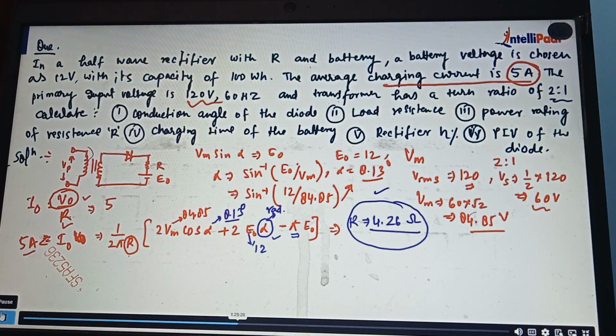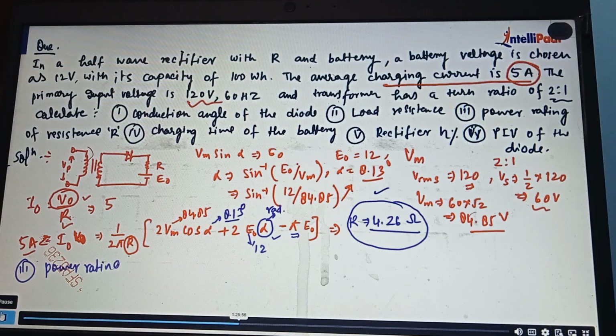Where has this changed to 4.66? So let me solve the other part, third part, power rating. Power rating of resistance.